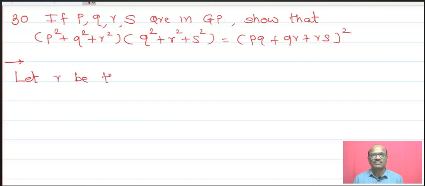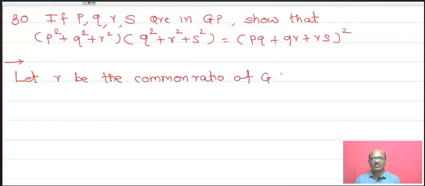Now we'll simplify here. Let R be the common ratio, but instead of this common ratio, we will replace R by K, because R is repeated here a number of times. Now I am changing it. That is, K be the common ratio of GP.